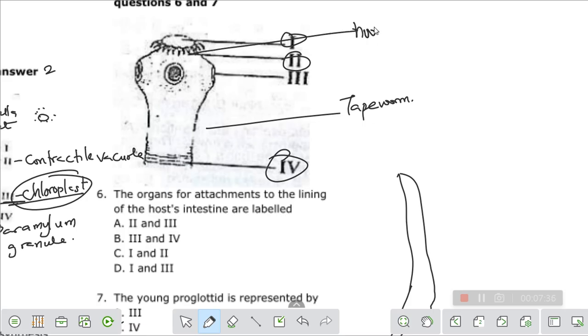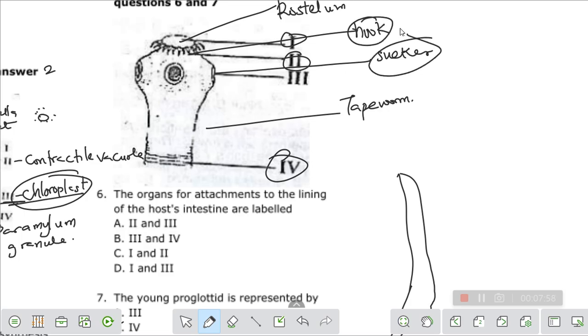Now in this question, I made a mistake. The answer is not 1 and 2. The answer is 2 and 3. So it is actually the hook and sucker that perform it. The rostellum is not involved in this. So it is the hook that we use to attach to the intestine, right? But it is the sucker that we will be using to suck food from the intestine. So both of them are working together.